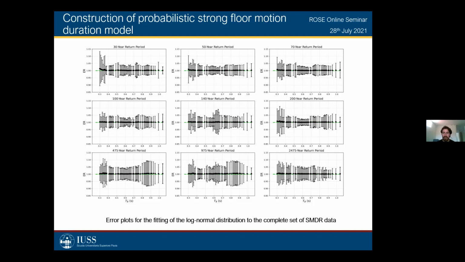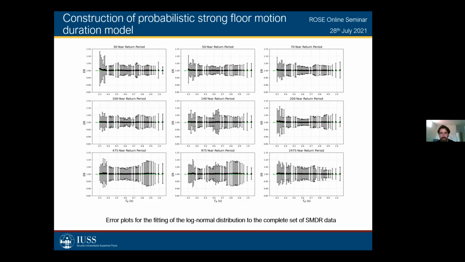Also, this error margin is very small for most of the fundamental period range. You can see that for most of the fundamental period range at all return periods, this standard deviation, or margin ratio, call it whatever you want, is on average less than 5%. I say 5% because, since the mean is 1, this standard deviation is very close to being the coefficient of variation.